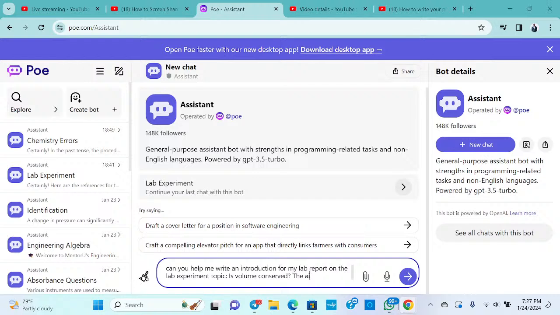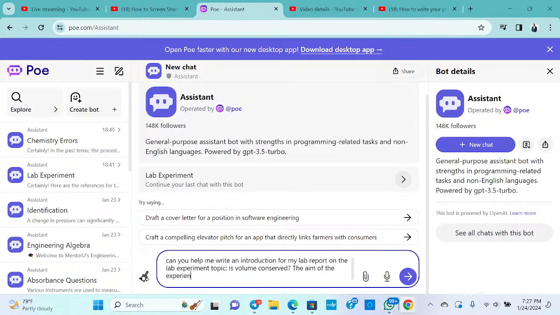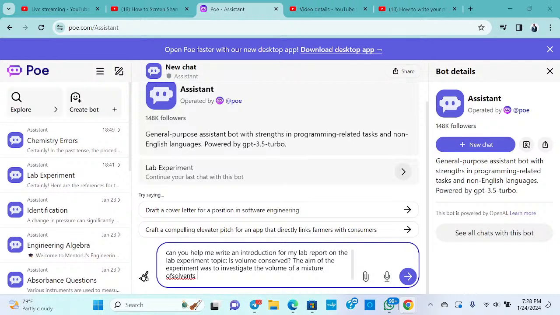So you can just add, okay, so the aim of the experiment was to investigate whether the volume of a mixture of solvents is conserved. Now you have provided extensive information.